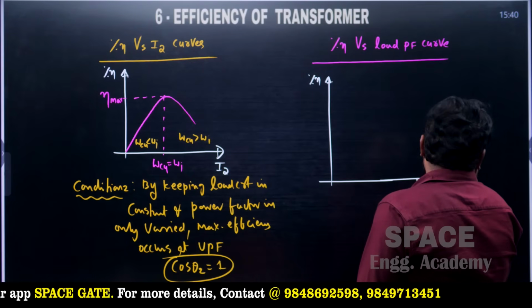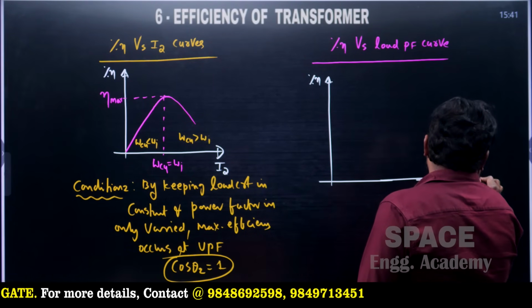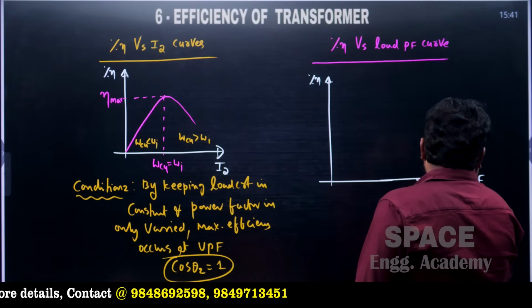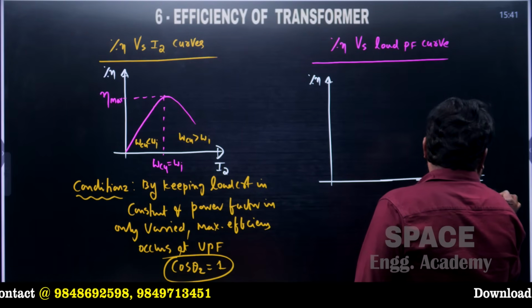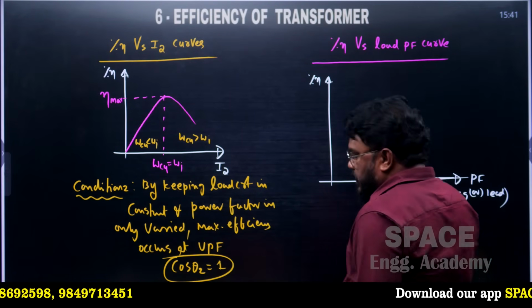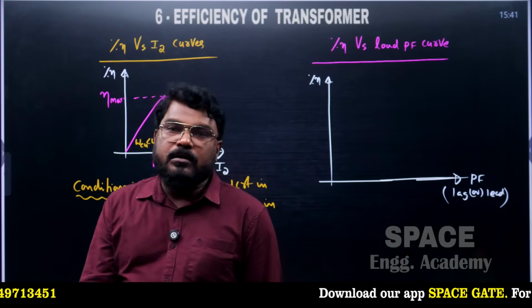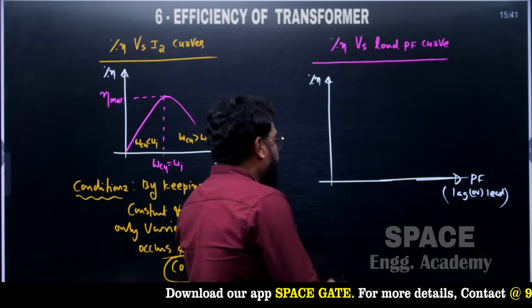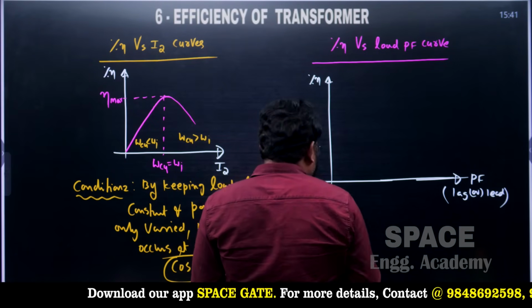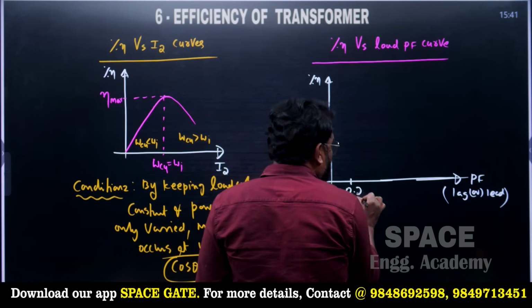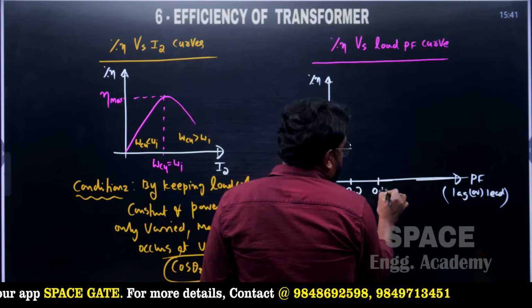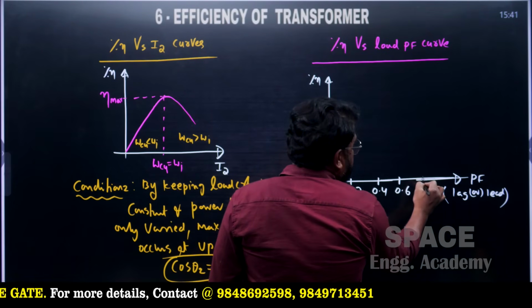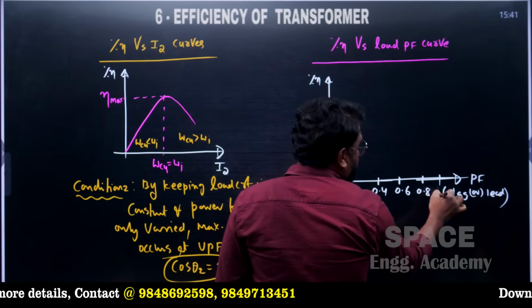Okay, load power factor, and it is lagging power factor or leading power factor. So theoretically percentage efficiency of the transformer is same for lagging power factor as well as leading power factor. Now suppose it is a 0 power factor, so 0.2 and 0.4, 0.6, 0.8 and it is a 1 power factor.